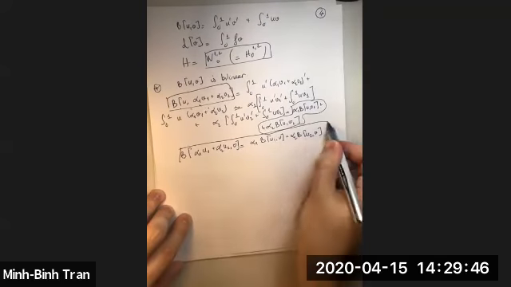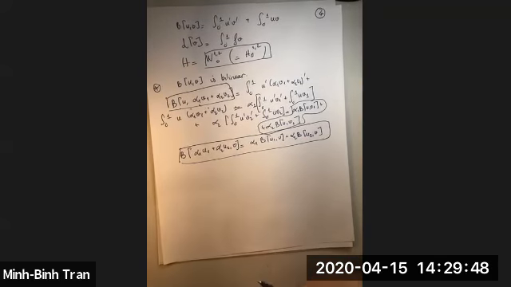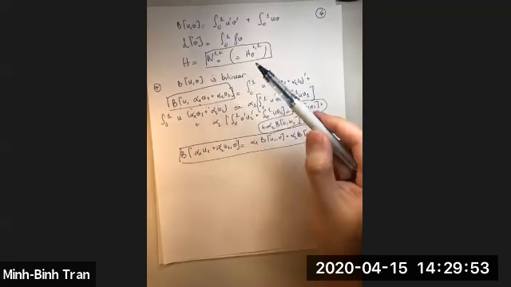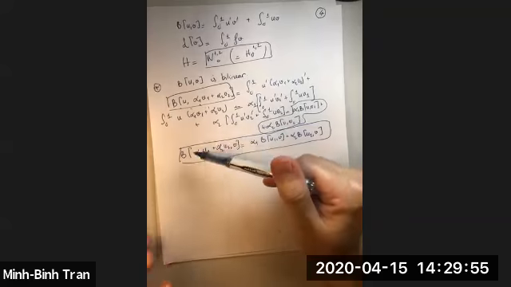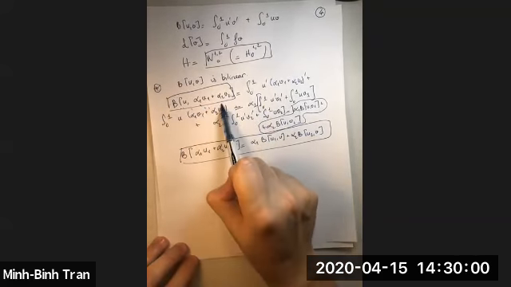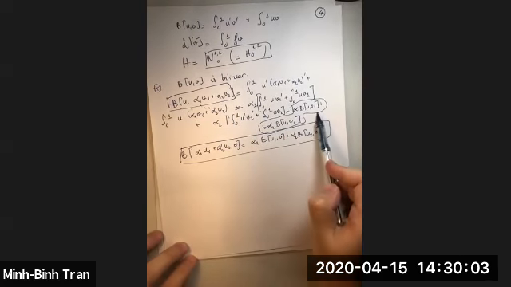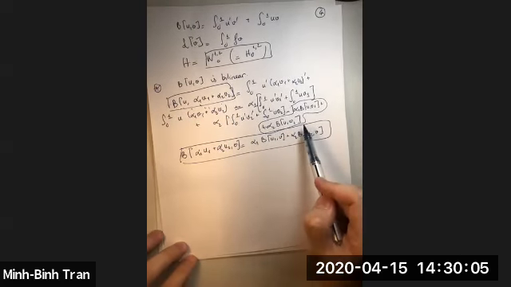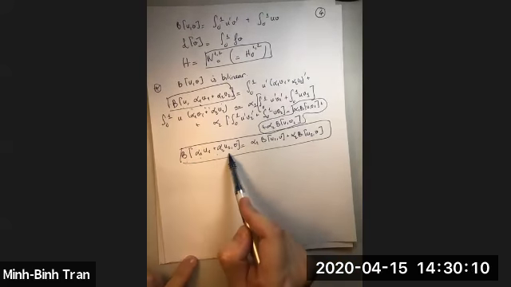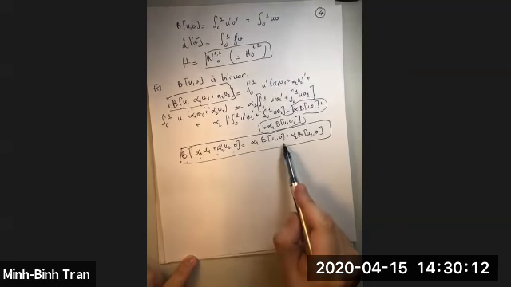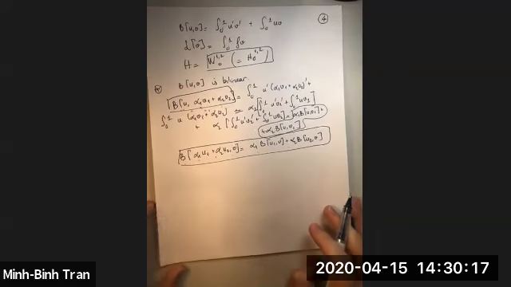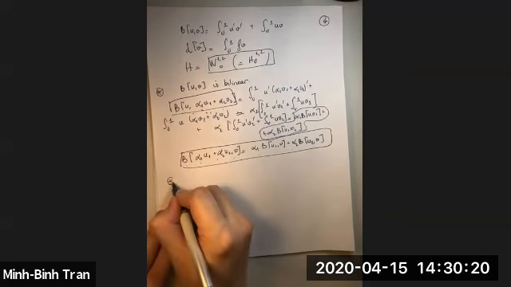So basically the bilinearity is easy to see. This B is bilinear, which is quite standard.